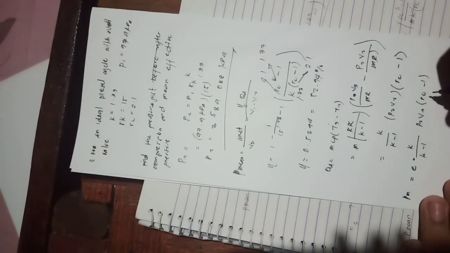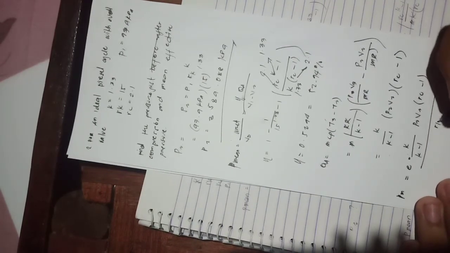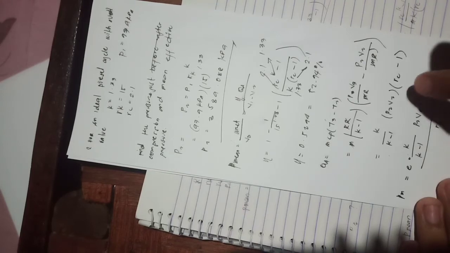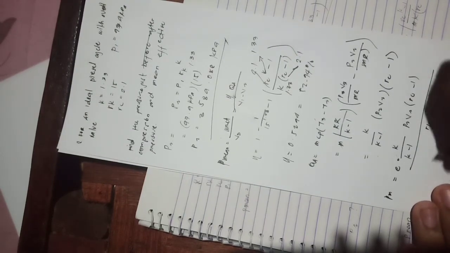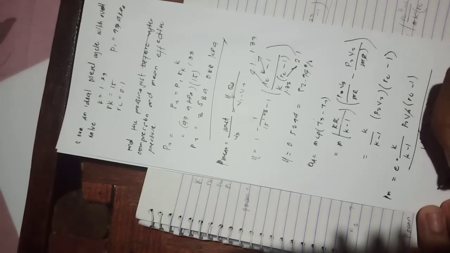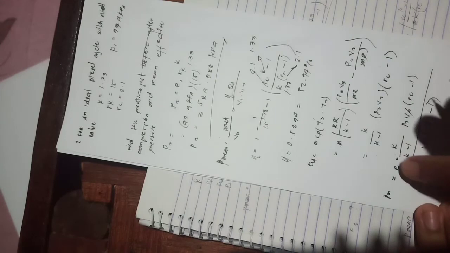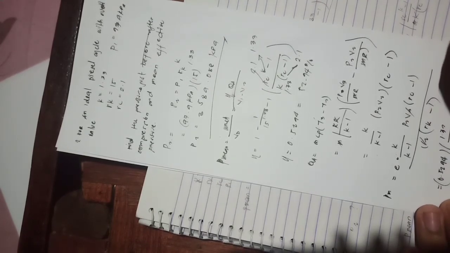Over RK, this is from the V2, RK minus 1, cancelling V2, cancelling the volume. So let's substitute the value. We have the efficiency 0.5294 multiplied by K 1.33 over 1.33 minus 1, multiplied by P2.